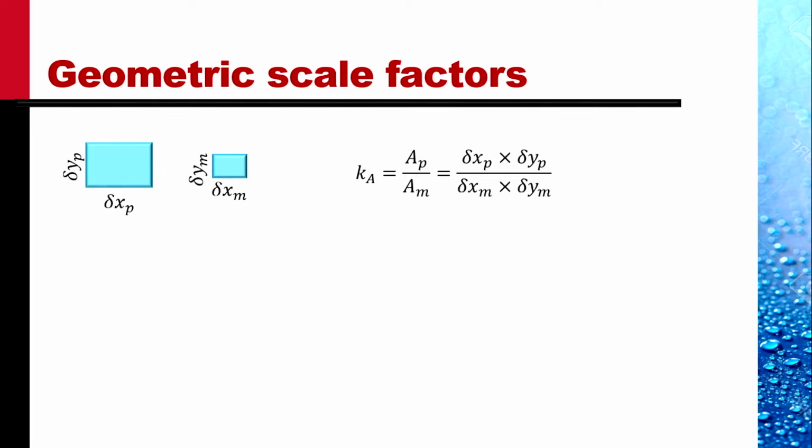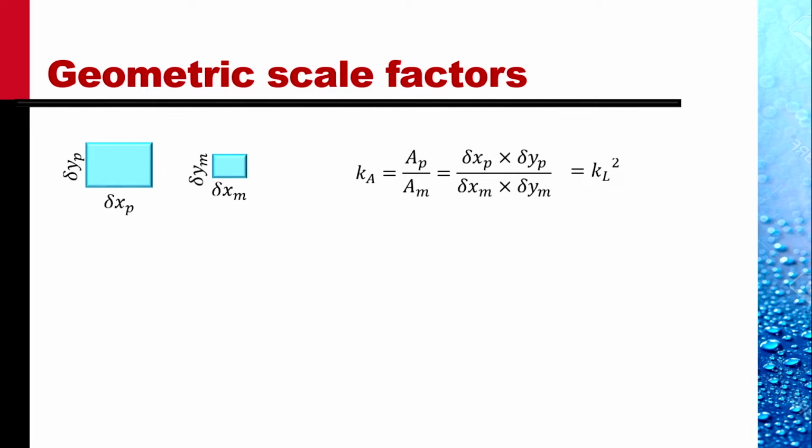Similarly, area of the model would be del xm multiplied by del ym. And the ratio of these two would give us the area scale factor Ka. Clearly, this is equal to Kl square.